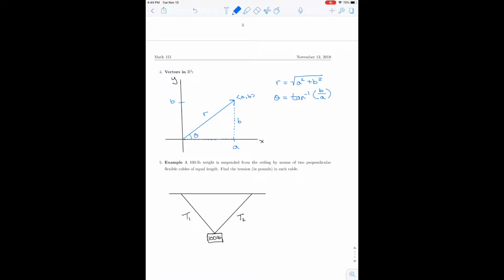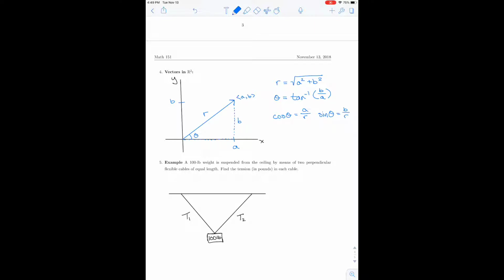So you should notice that the cosine of that angle theta should be the adjacent distance A divided by the hypotenuse r, and that the sine of that angle should be the opposite distance B over the hypotenuse r.